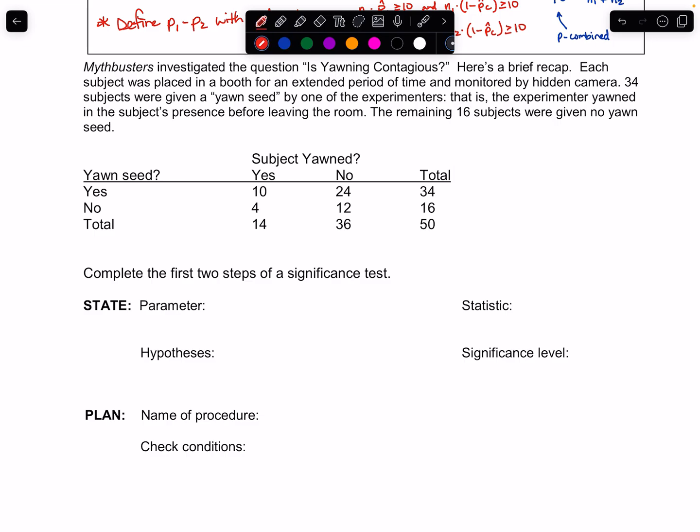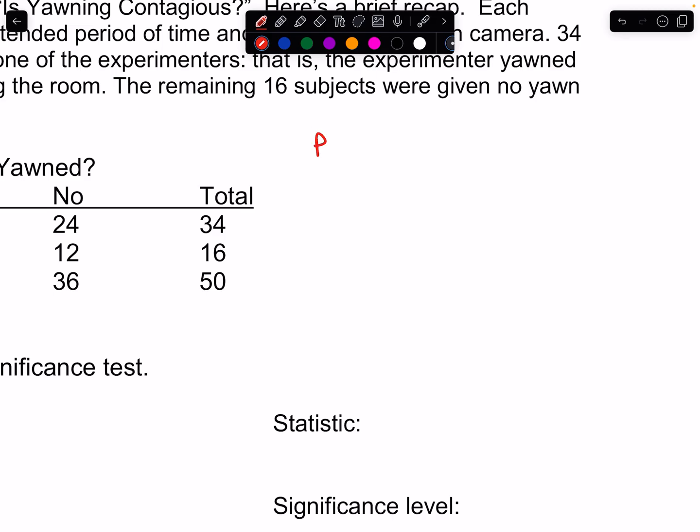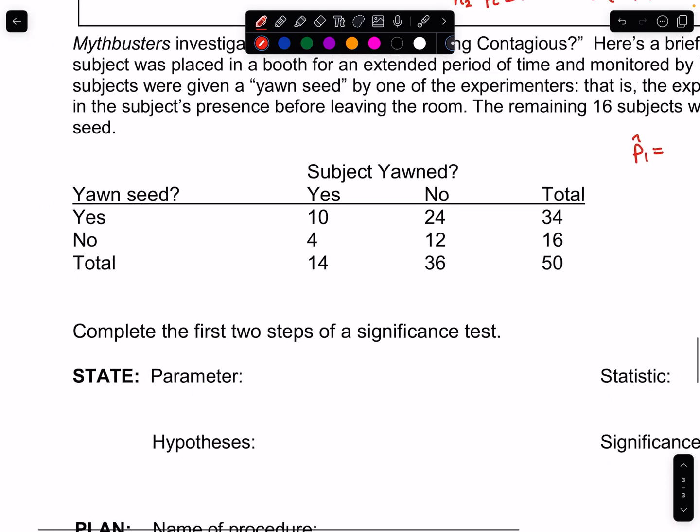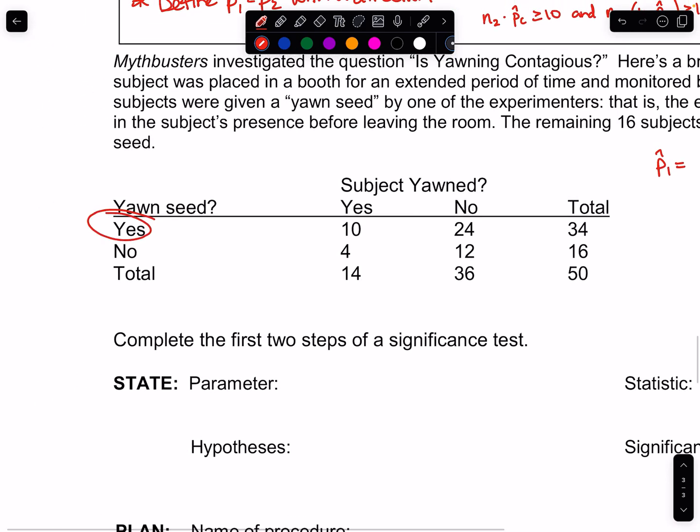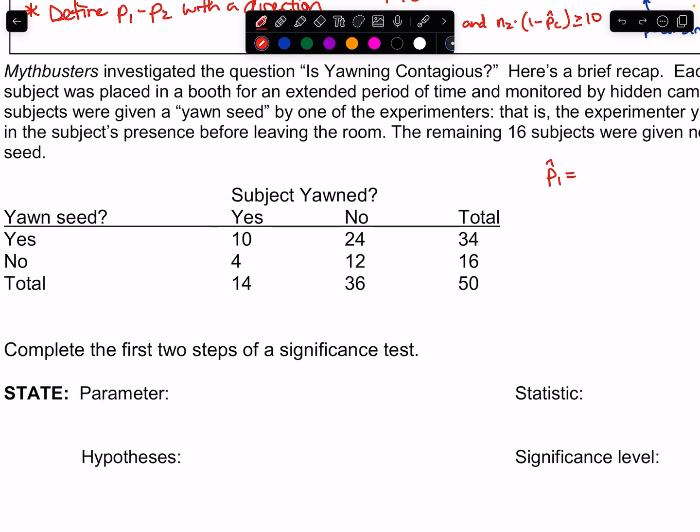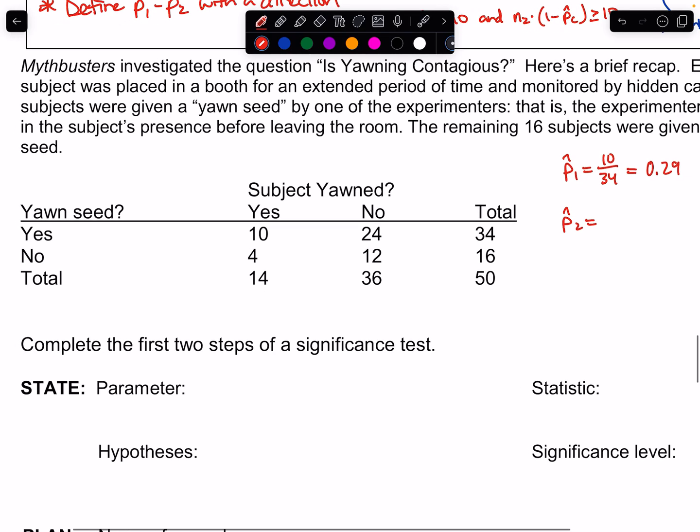We have p hat 1, which was the yawners in the yes yawn seed group: yes yawn seed, yes they yawned, was 10 out of 34, which was 0.29. Our p hat 2 was the ones who yawned in the no yawn seed group: no yawn seed, yes, they still yawned, which is 4 out of 16.